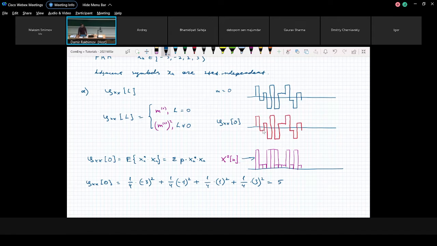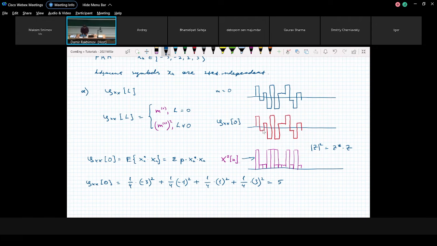But in general, you should take into account that your constellation might be complex valued. And then for complex valued constellations, we take not only the square value, but in addition the absolute value. And you remember that for the absolute value squared of a complex number, you can represent it as z conjugate times z.